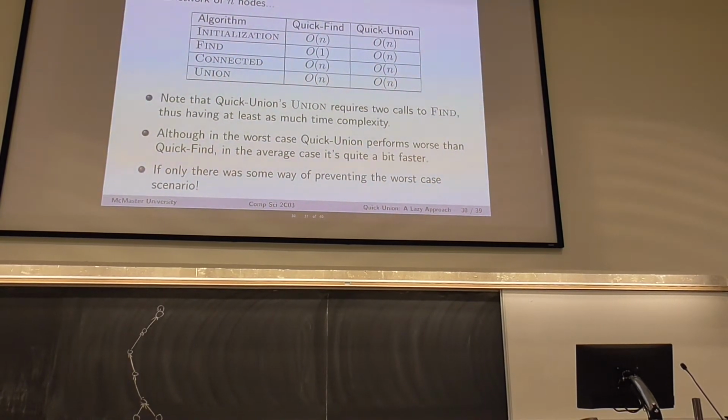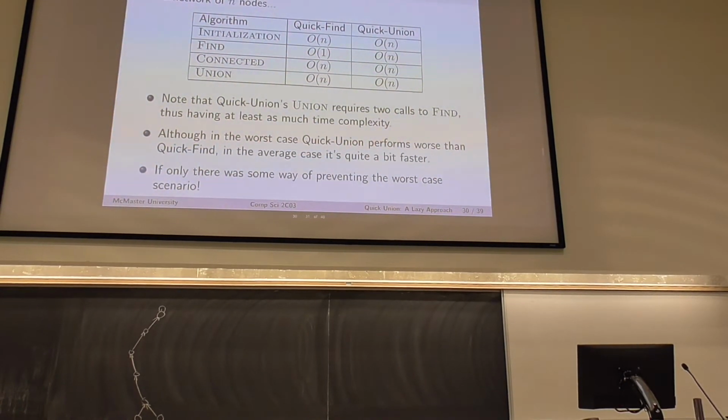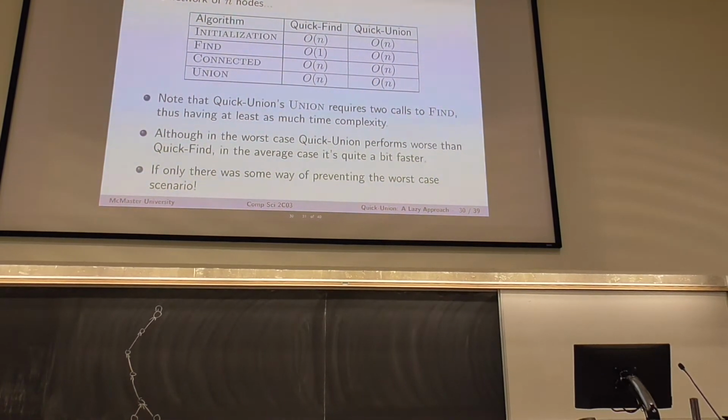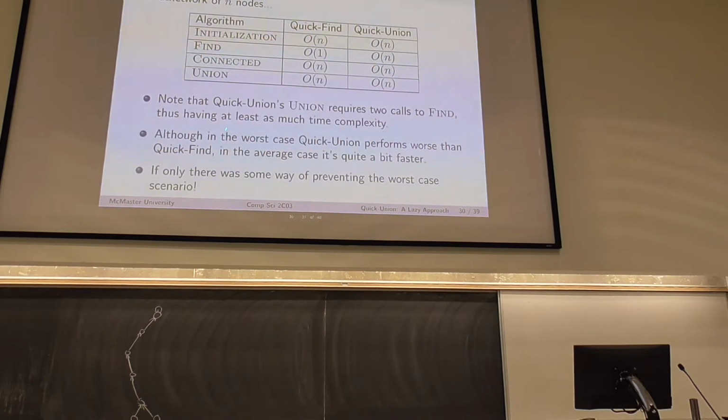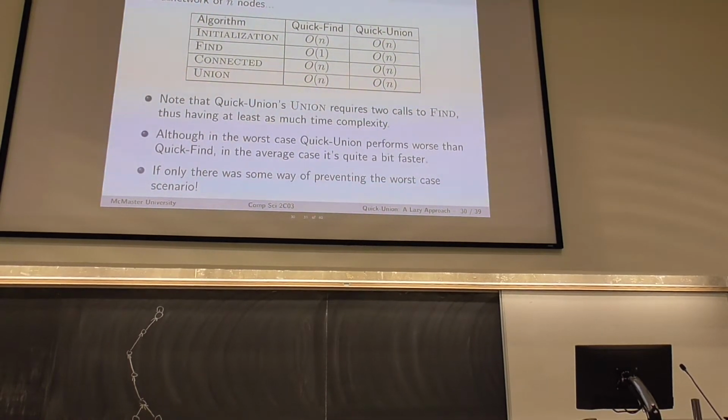But, again, this is big O, so we're interested in the worst case scenario, right? So, note that quick union's union requires 2 calls to find, thus having at least as much time complexity. Although the worst case quick union performs worse than quick find, in the average case it's quite a bit faster. If only there were some way of preventing the worst case scenario.